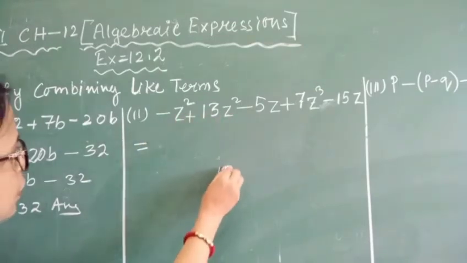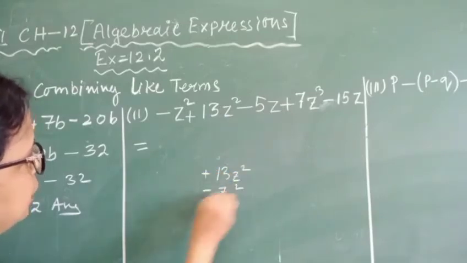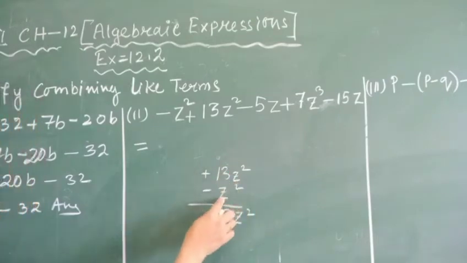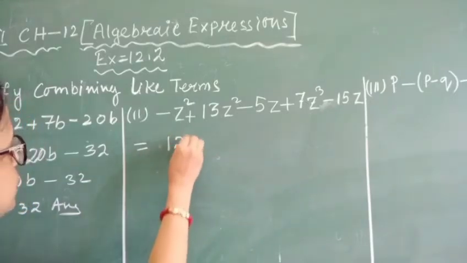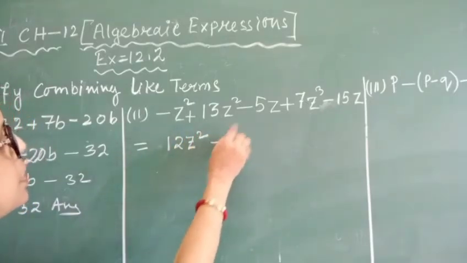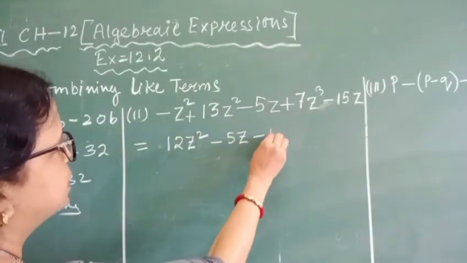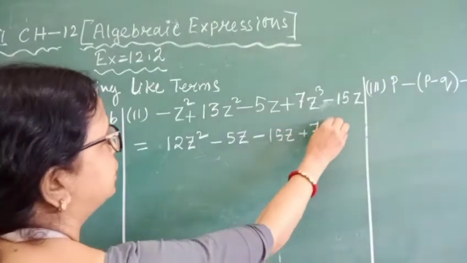So 13z square and minus z square have different signs, so you will do subtraction, and 12z square, as 1 is subtracted from 13, the larger number's sign will come. So 12z square, understood? Now it will be 12z square minus 5z minus 15z plus 7z cube.